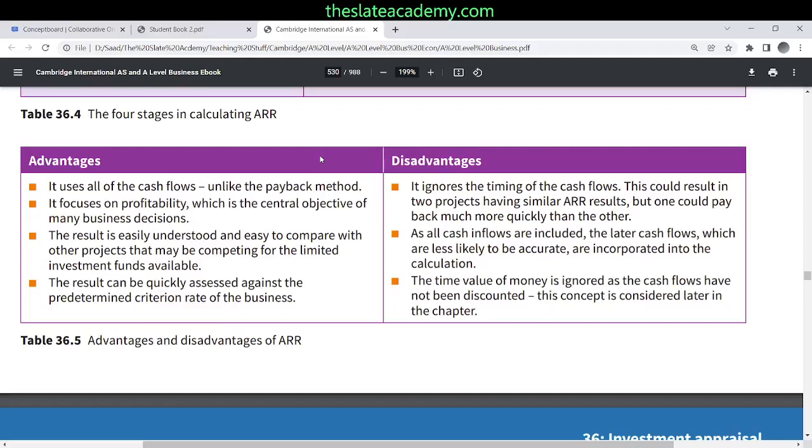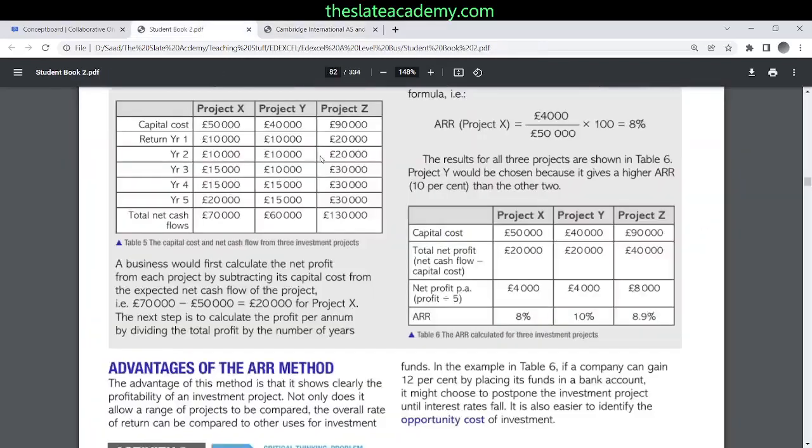The main problem with both the payback period and the average rate of return, in fact, it's one problem which has been broken down into 3 points, and that problem is the time value of money. We are assuming that the money, for example, in this project, the 15,000 which is earned in year 4 is the same as the 15,000 which is earned in year 3.